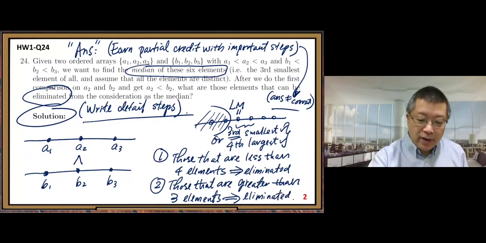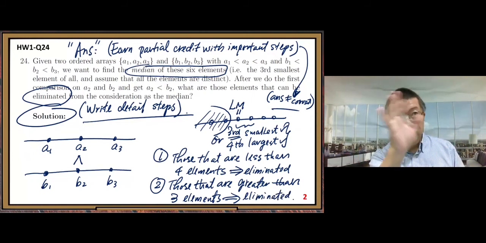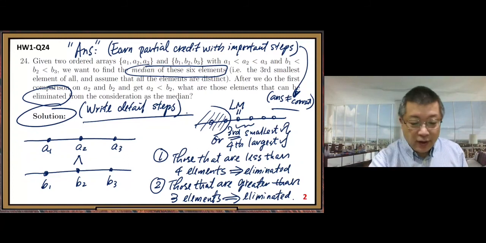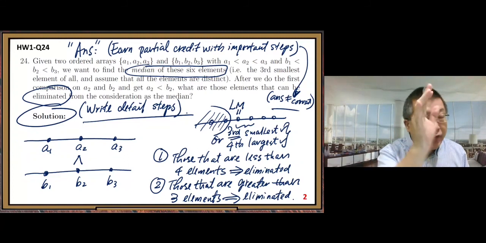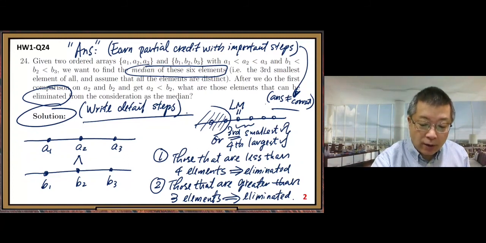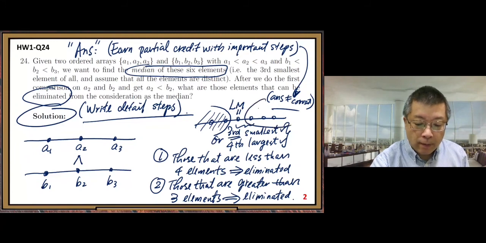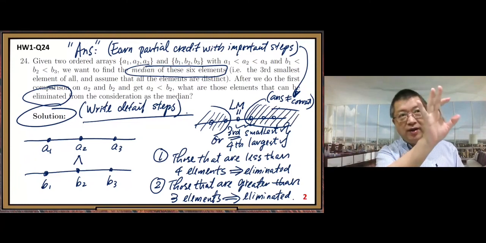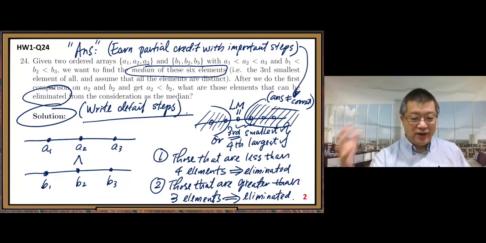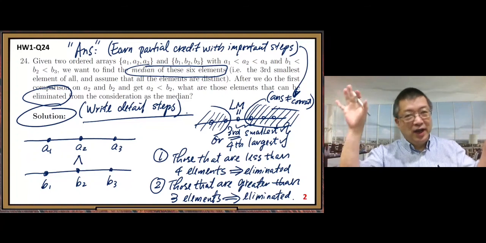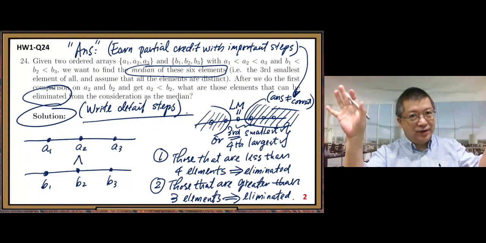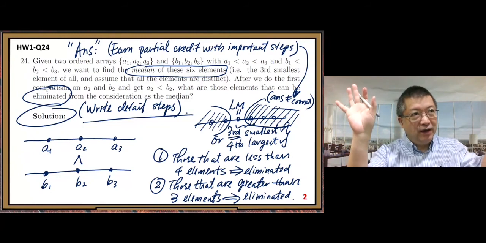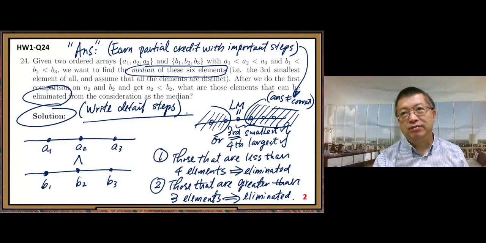If you can get greater than at least 3 elements, so that's this part. In this part, not covering the left median, right? So you see, 2 blocks of consideration parts.